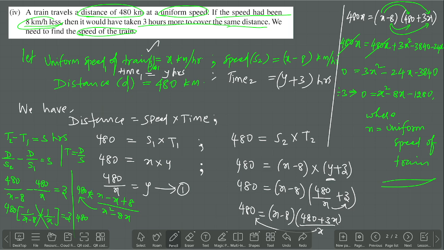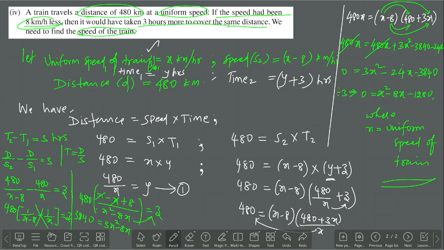Wait, here instead of multiply I gave equal. Here it is 3. Then plus x minus x cancelled. 480 into 8, 3,840. When you send this to the opposite side, what am I getting? 3x square minus 8x. When I divide by 3 on both sides, you will get that answer.